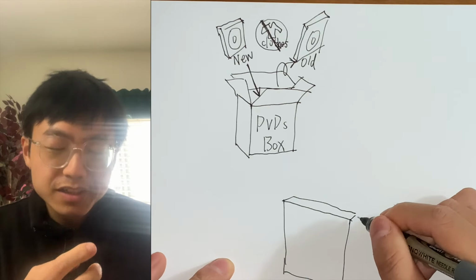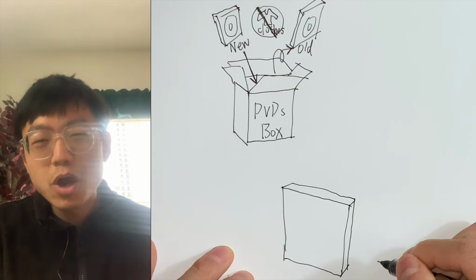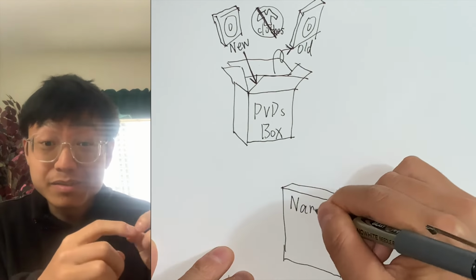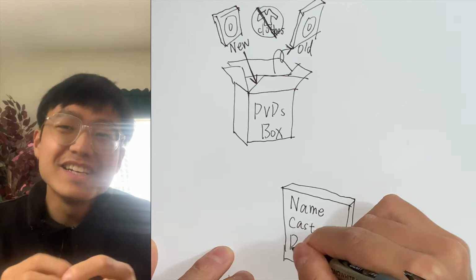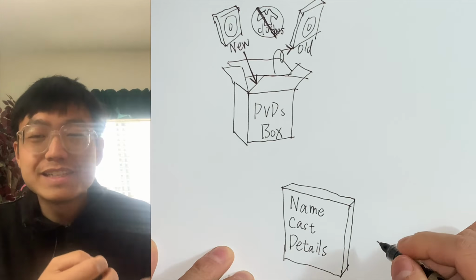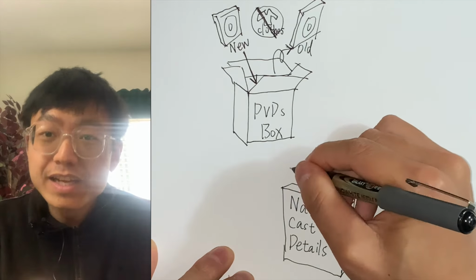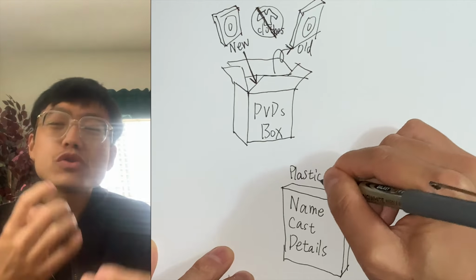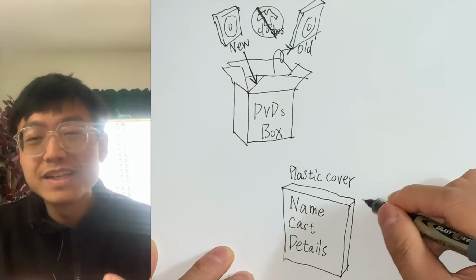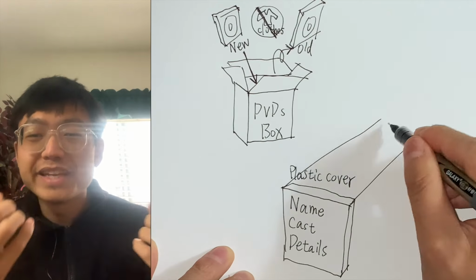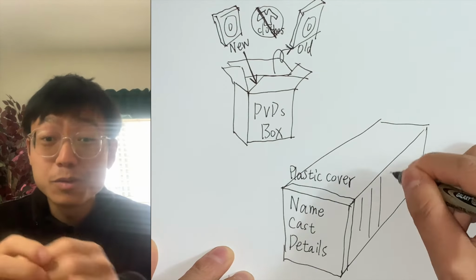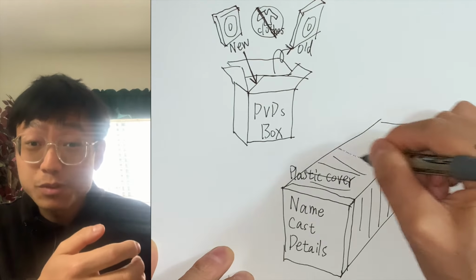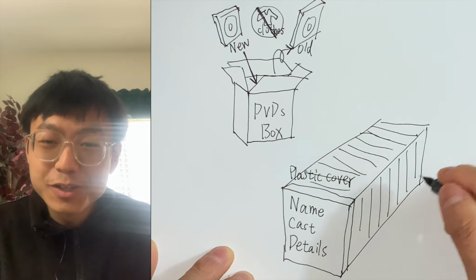For DVDs, those properties include that all DVDs should be inside a plastic cover, and the cover would have the name of the movie, the cast, and all sorts of other details. And the cover would be exactly the same size, and would contain only one DVD.